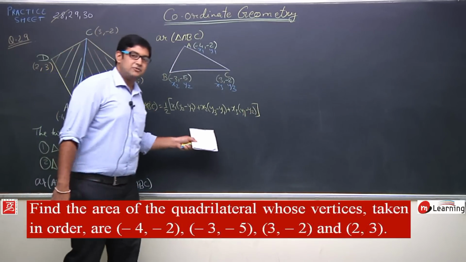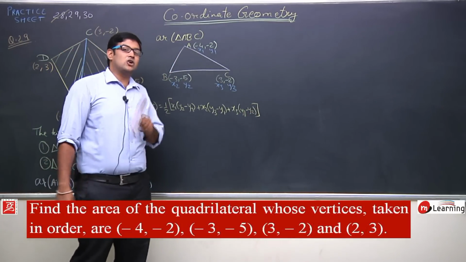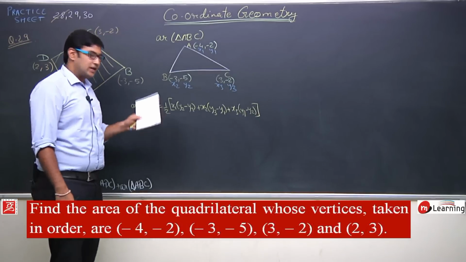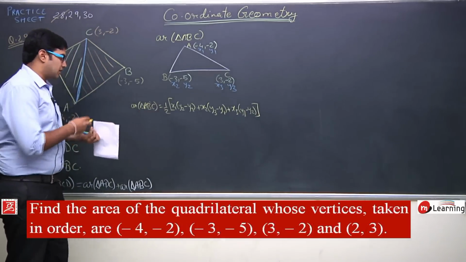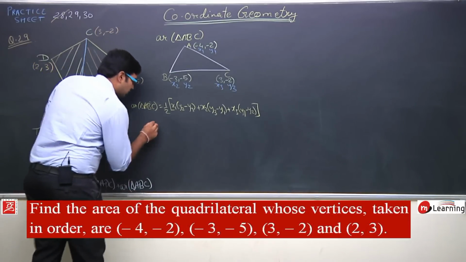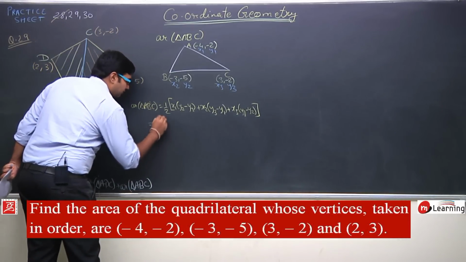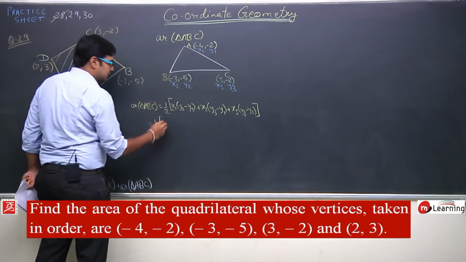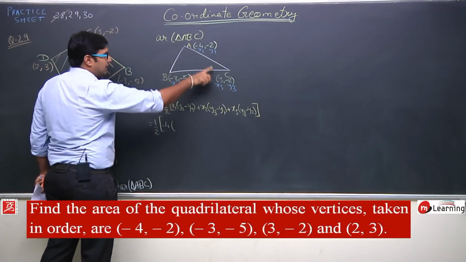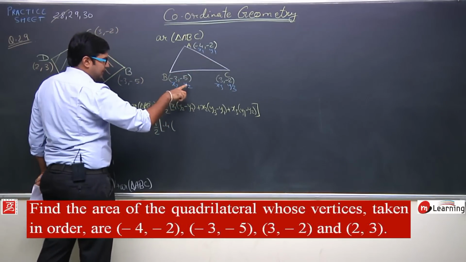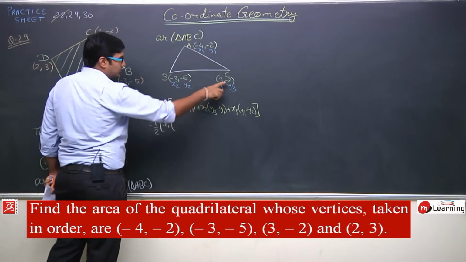Why am I writing this formula? To avoid any sort of calculation error. That's why I am writing this formula again and again. So further solving this, half of, in brackets, x1 is minus 4, and in the bracket y2 is minus 5, and y3 is minus 2.